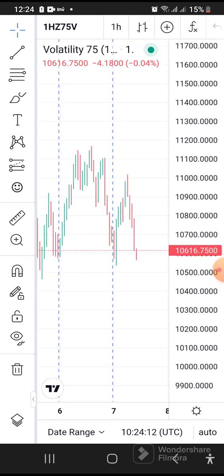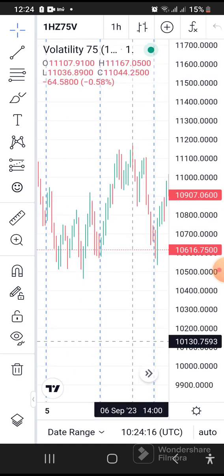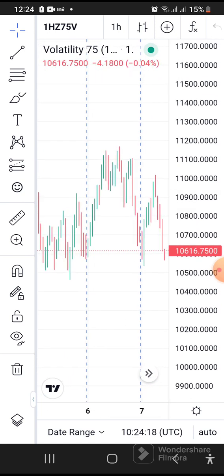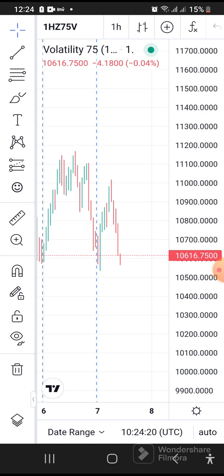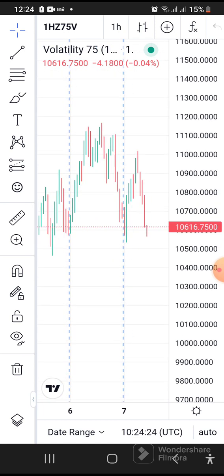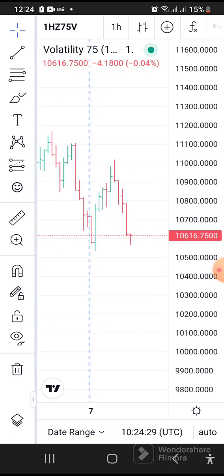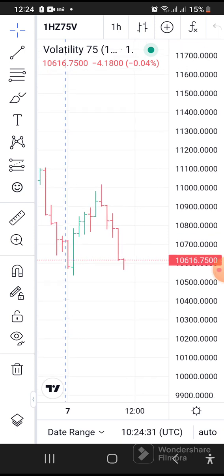Now each and every candlestick has been made known to us in terms of today's session. You see we've got the 6th there, and the 7th there. So today is the 7th, and we will be trading today's charts.